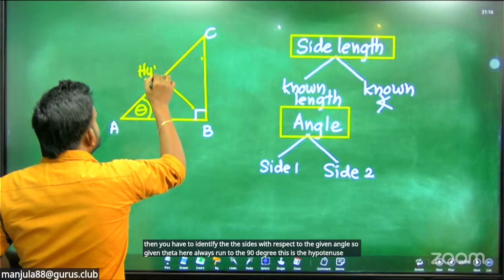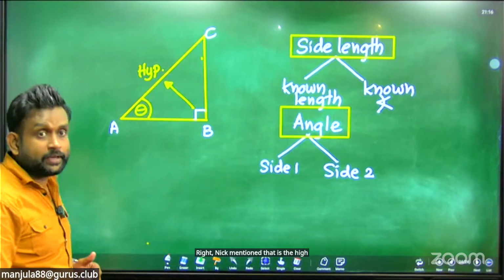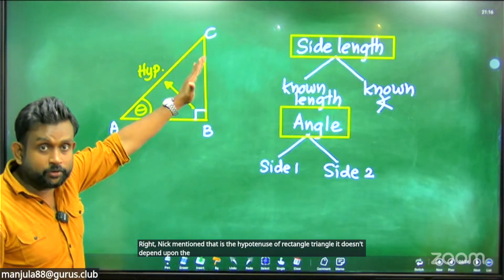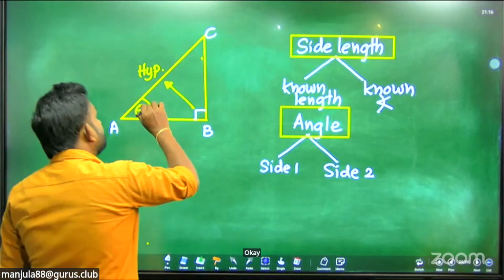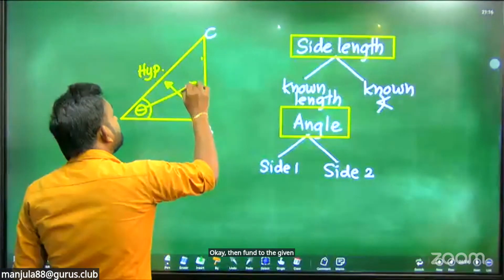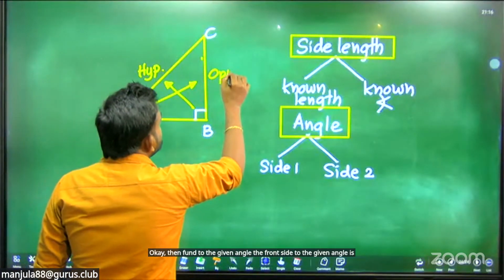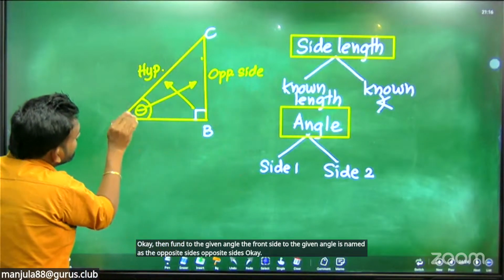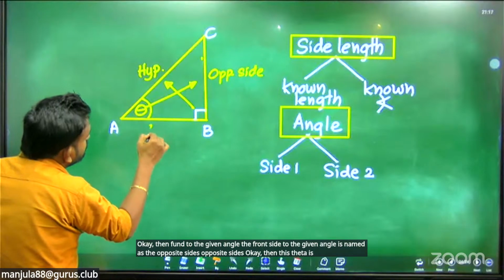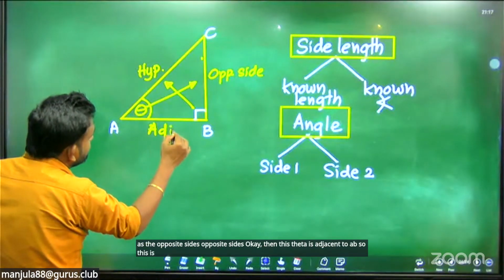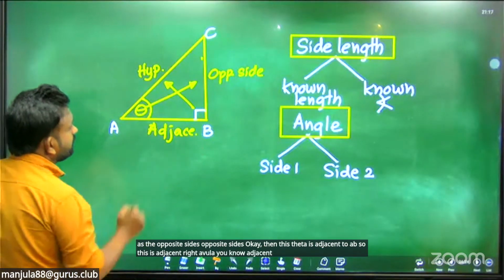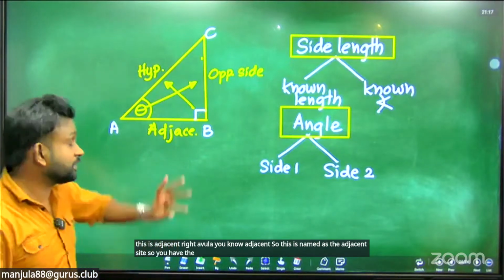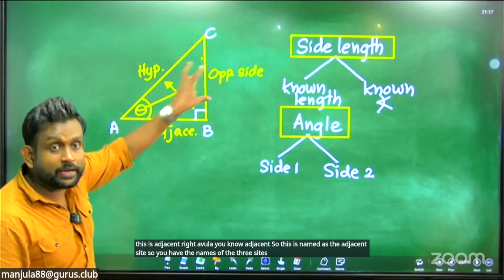That is the hypotenuse of a right angle triangle. It doesn't depend upon the angle you selected. The side in front of the given angle is named the opposite side. Then this theta is adjacent to AB, so this is named the adjacent side. So you have the names of the three sides: hypotenuse, opposite side, adjacent side.